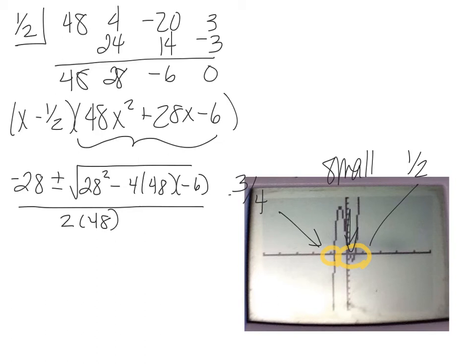Okay, 28 squared minus 4 times 48 times negative 6. That's huge. I get negative 28 plus or minus the square root of 1936 all over 96.